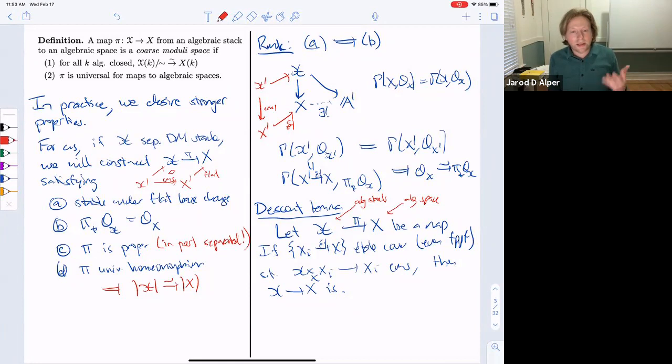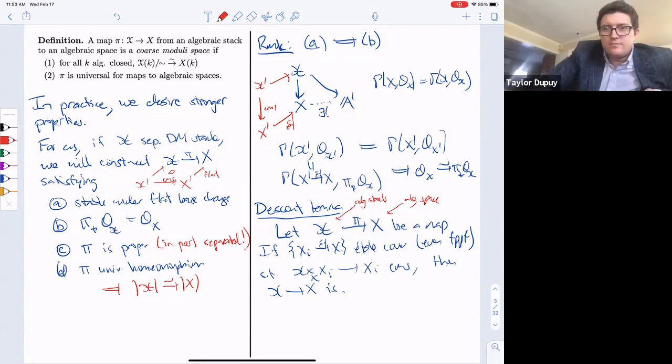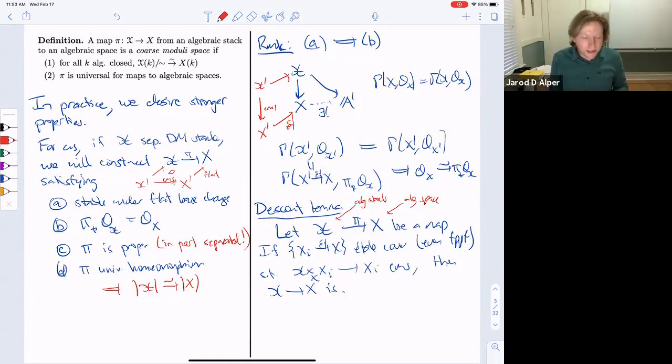This has a G_m stabilizer because the automorphism group of any line bundle is G_m. So you have a stack with a G_m stabilizer at every point, and this does have a coarse moduli space, which is the Picard scheme. In that case the map is not separated, but it's called a G_m-gerbe, meaning that all the fibers are just BG_m, and they're very nice.